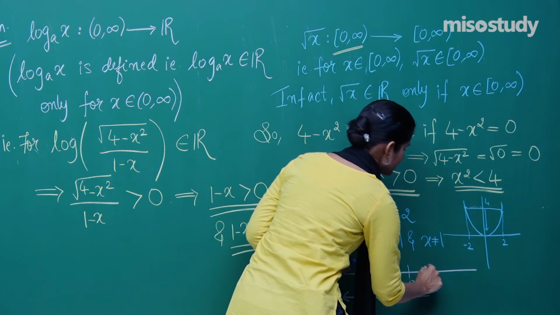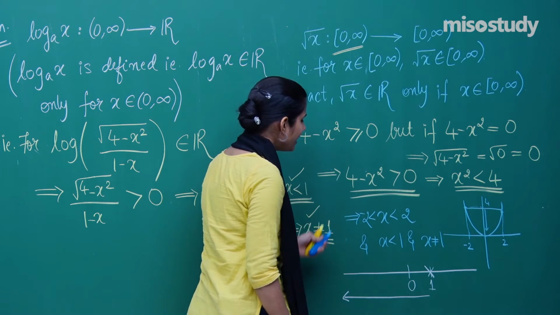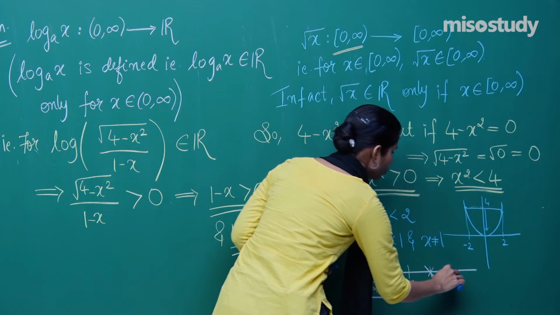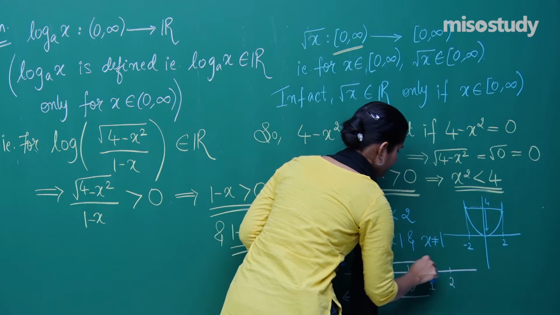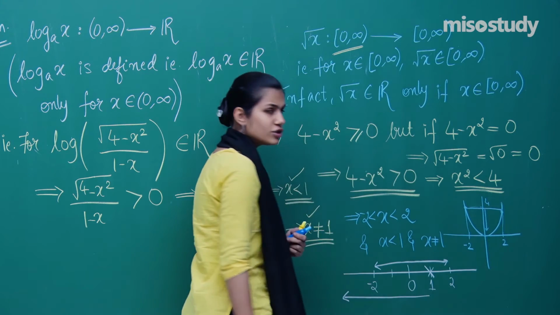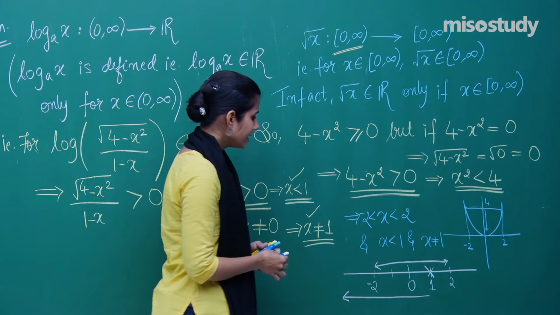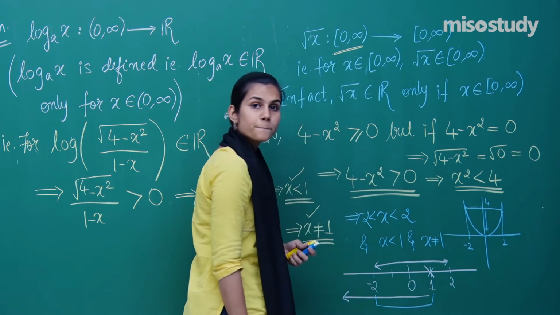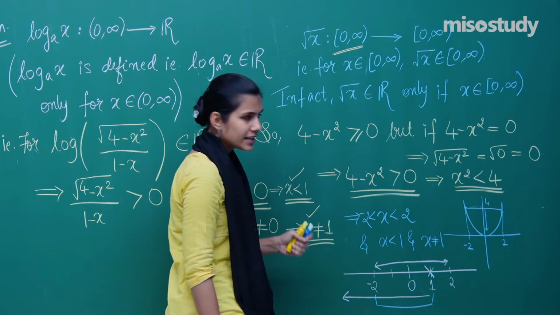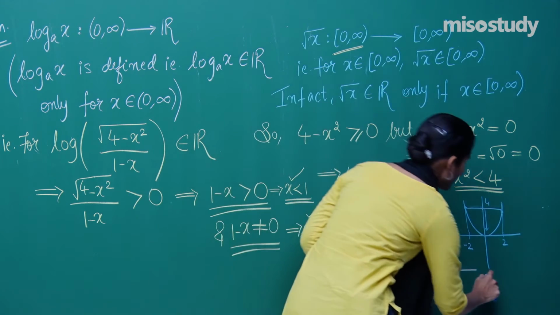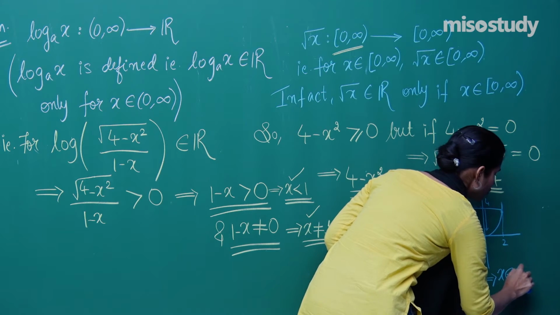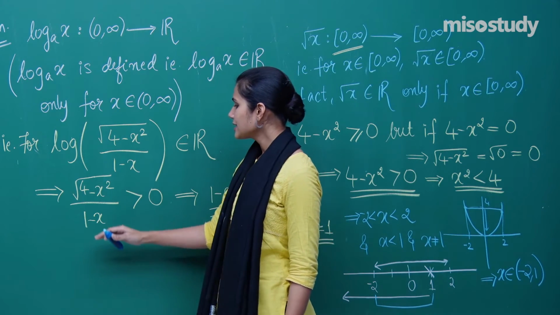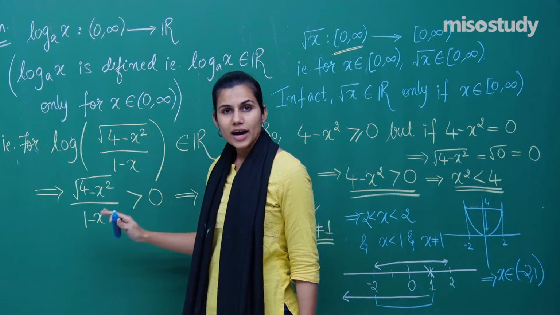I also get x is not equal to 1 and x is ranging from minus 2 to 2. Just understand what is the common portion. It is from -2 to 1, both excluded, and this implies x should belong to open -2, open 1 for this expression to be completely valid.